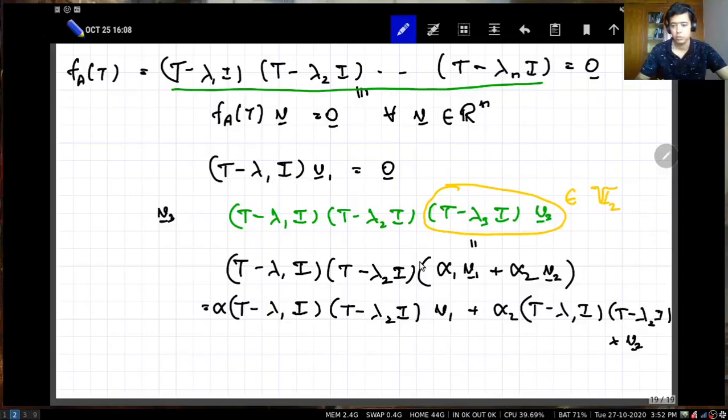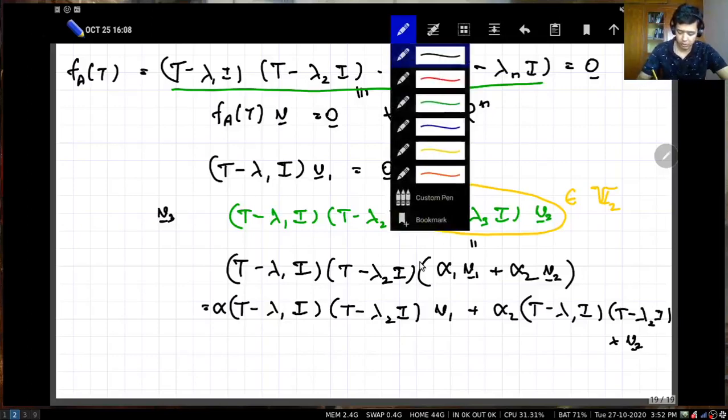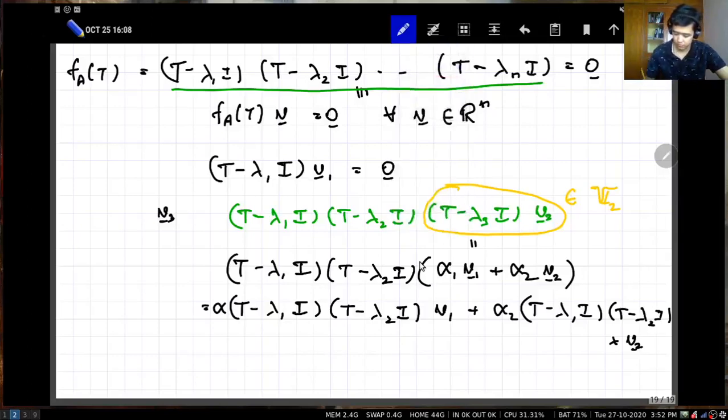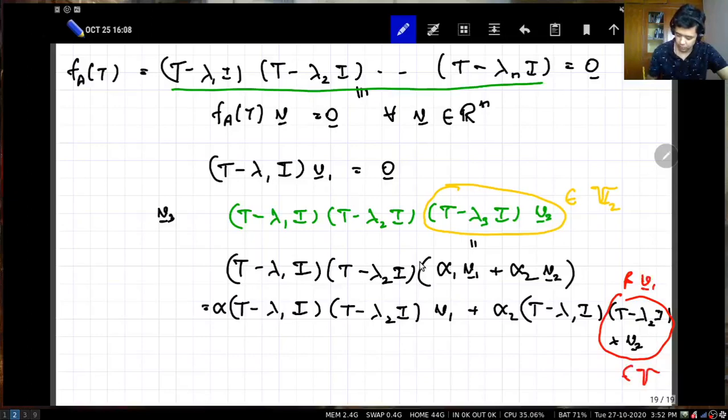Now let's focus on the second term. So T minus lambda 2 I times v2, this term over here, is some beta times v1 because it lies in V1, right?